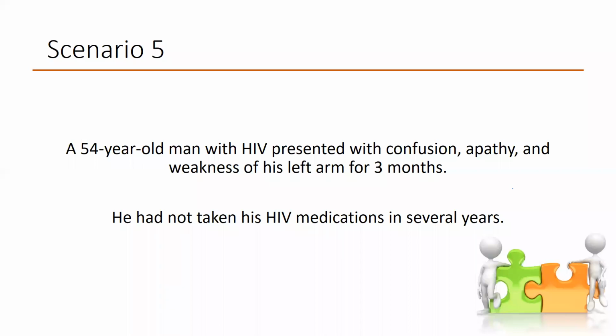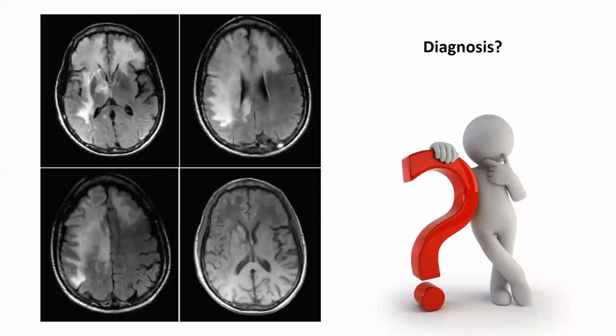Coming to the next scenario, a 54-year-old man with HIV presented with confusion, apathy, and weakness of his left arm for 3 months. He had discontinued his HIV medications for a long time. So what is the finding and what is the diagnosis?